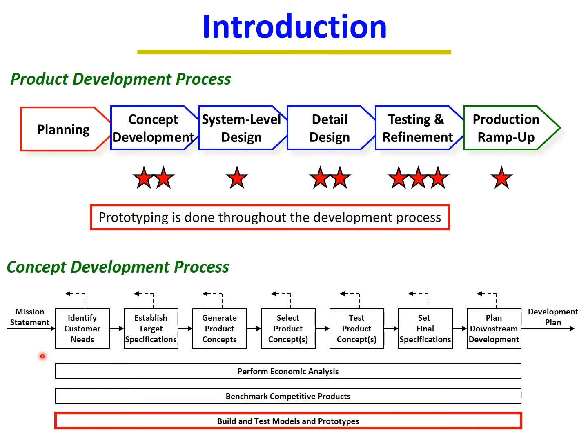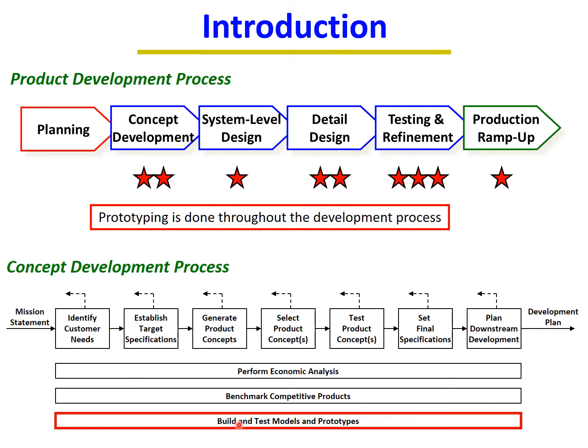But if you want to do prototyping, then it has to go through all these stages. Similarly, you have seen this other type of slide for the concept development process: identify customer needs, establish target specifications, generate product concepts, select product concepts, test product concepts, set final specifications, plan the downstream development, right? And then, so economic analysis, if it is to be done, is done all the way through. Benchmark competitive products all the way from here to here.